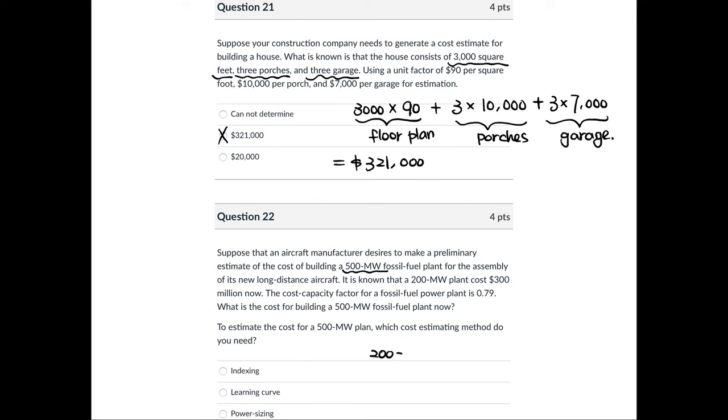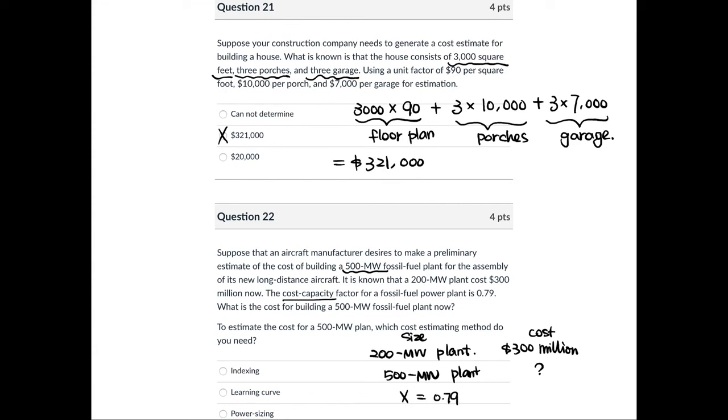Okay, so for the 200 MW plant, the cost is 300 million. So this is the size, this is the cost. And then for the 500 MW plant, what is the cost? Okay, and the cost capacity factor, which is the X, is 0.79.